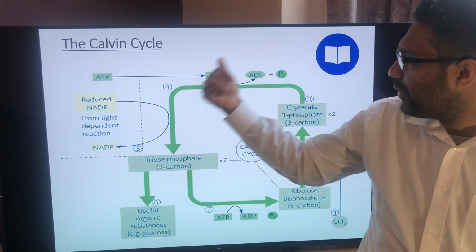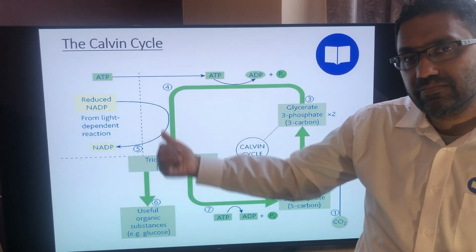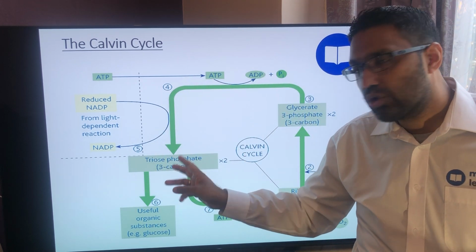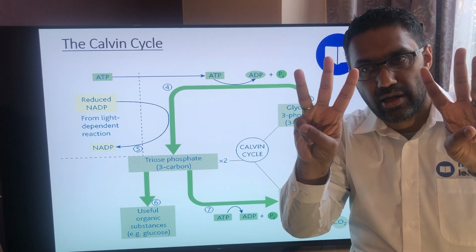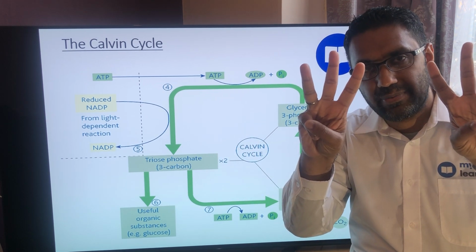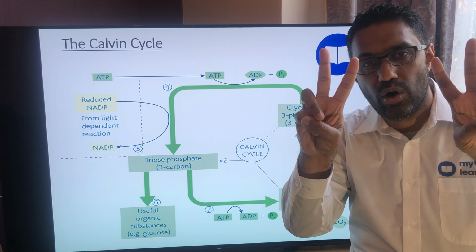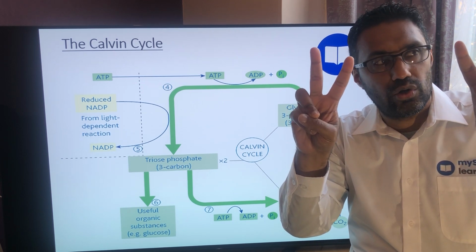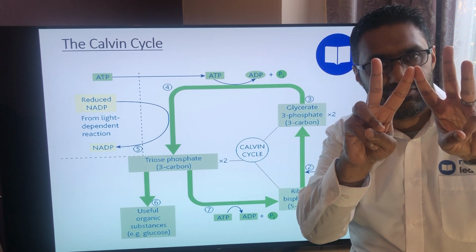If you go round 6 times, every time one carbon comes off from your 2 lots of TPs, you're going to get your 3 and your 2, and they're going to join back together again.